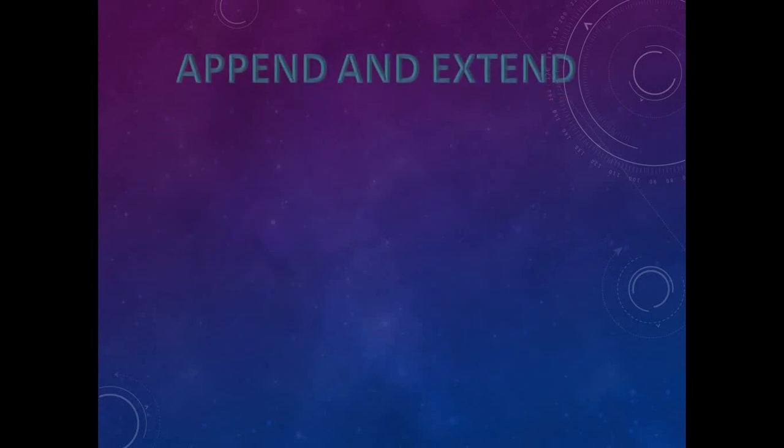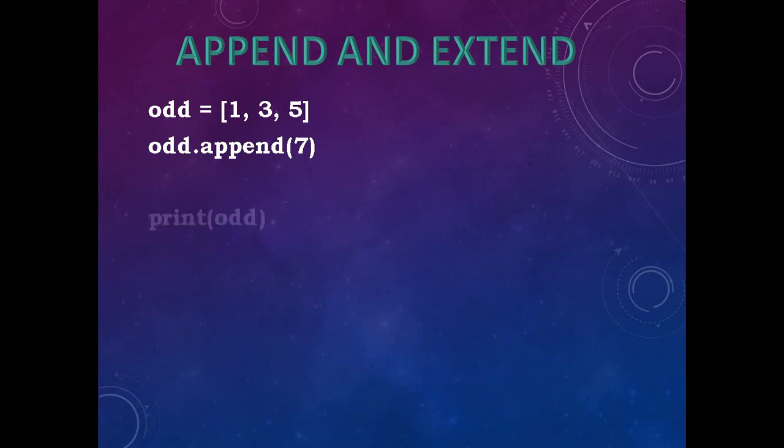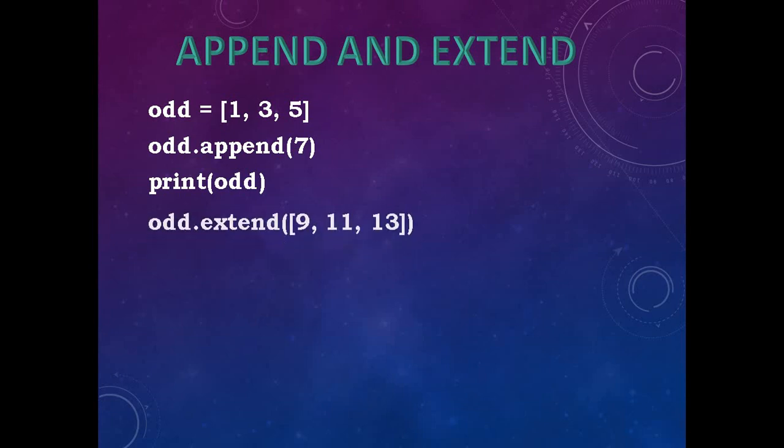Next we have the sample code for append and extend. odd = [1, 3, 5]. I have 3 odd numbers here. odd.append: I am going to add the next odd number here, with the help of the append function. Print odd, so 1, 3, 5, 7 will be printed. Then odd.extend: along with that I am extending 3 more numbers, 9, 11 and 13.